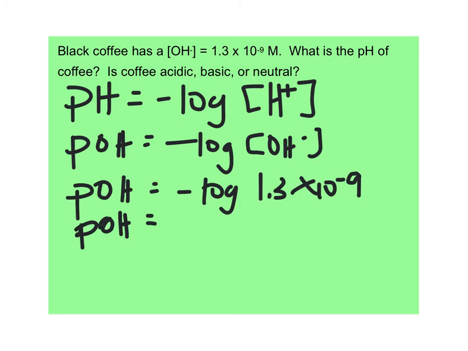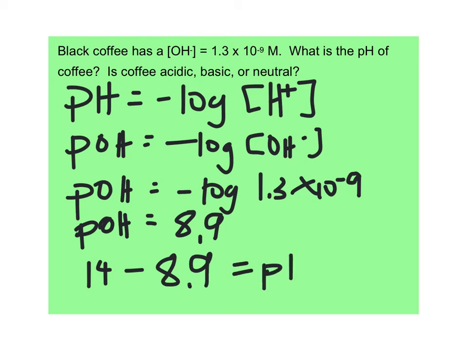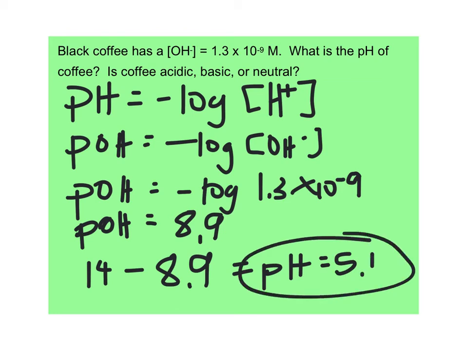So the negative log of 1.3 times 10 to the negative 9th will give you a pOH of 8.9. And then we'll take 14 and subtract 8.9 to get the pH of 5.1. With a pH of 5.1, that makes black coffee slightly acidic.